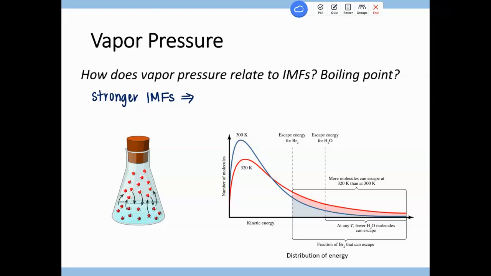Okay. Or what else did you say? It would be higher because it's harder to break the bonds. Okay. I said the opposite: it would be easier to vaporize more because it has more energy because the bonds are stronger.